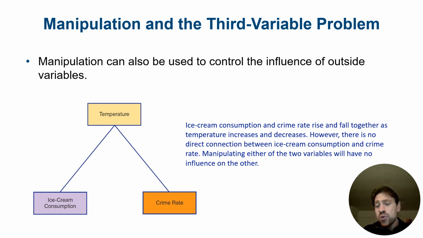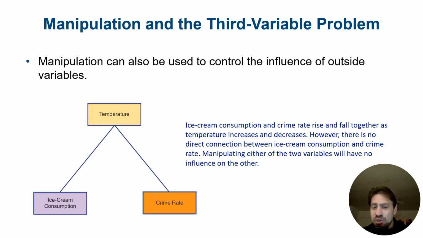All right, so suppose you use manipulation. And let's say you manipulate ice cream consumption by giving people free ice cream. And you find, not surprisingly, this has no effect on crime rates. And next, let's say you manipulate crime rates with extra police or something. And again, you find that crime rates have no effect on ice cream consumption.